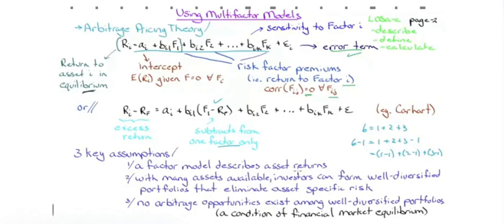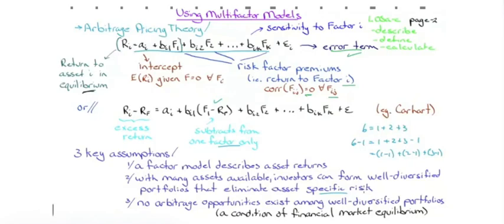Number one, we have to accept that a factor model will work. Number two, with many assets available, investors can form well-diversified portfolios that eliminate asset-specific risk. And if it eliminates asset-specific risk, it will not be rewarded by the market, which means all you need are the factors that would describe the expected return.